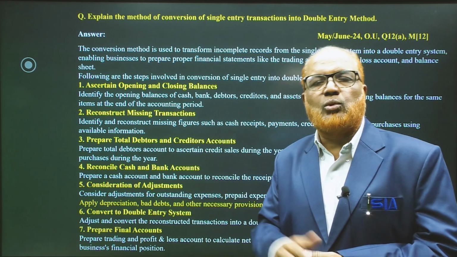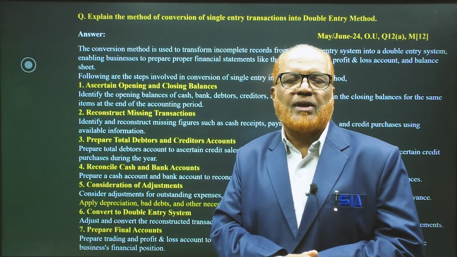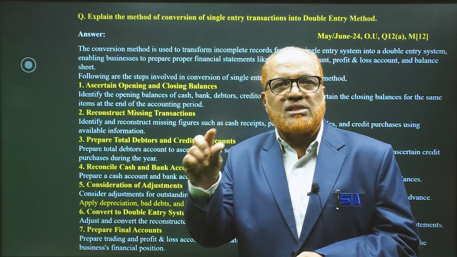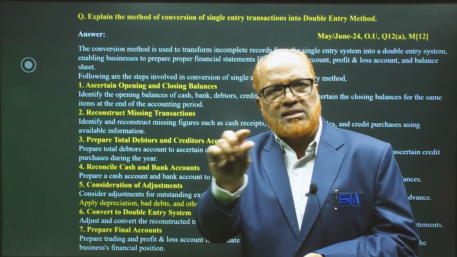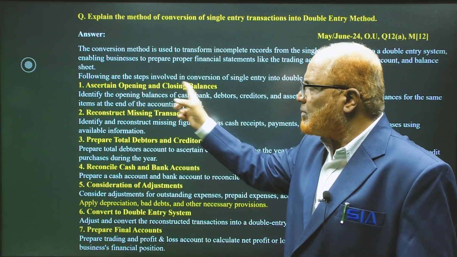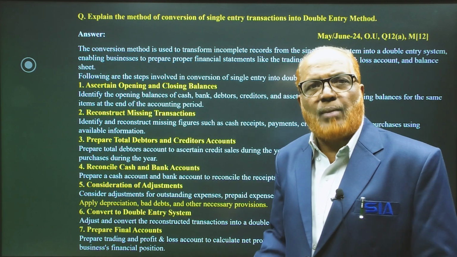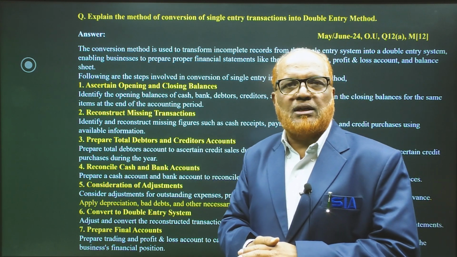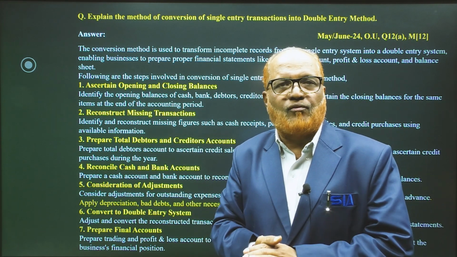Whenever it is asking you the method or procedure, remember, don't write in paragraph form. Write in specific points. Just write the side heading and explain that side heading. Like ascertain opening and closing balance, write 2-3 sentences about that point. So don't write only the side heading and leave the other part. If you do like this, you won't get the full marks.